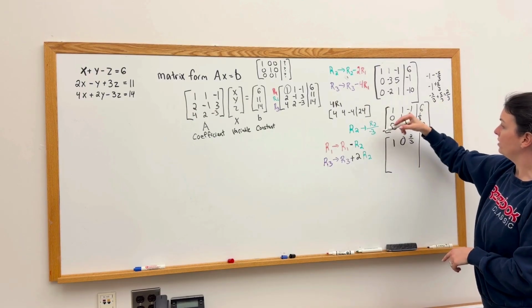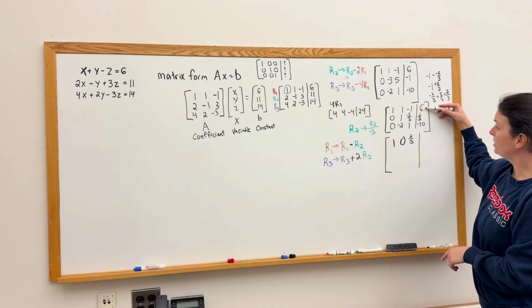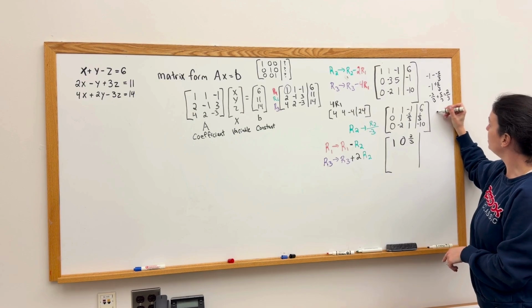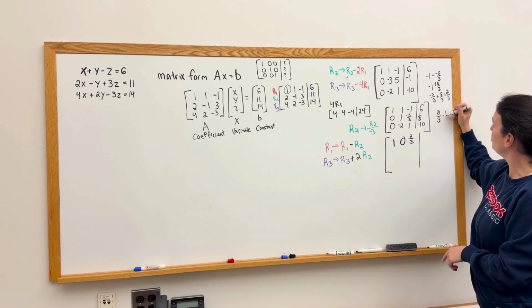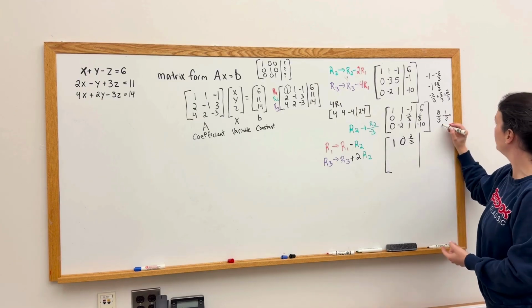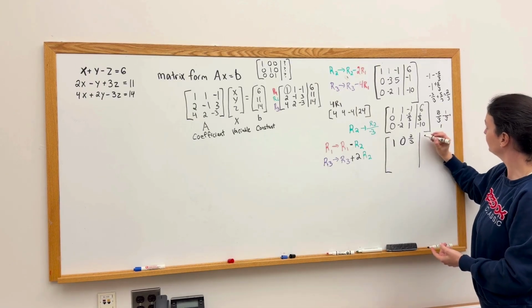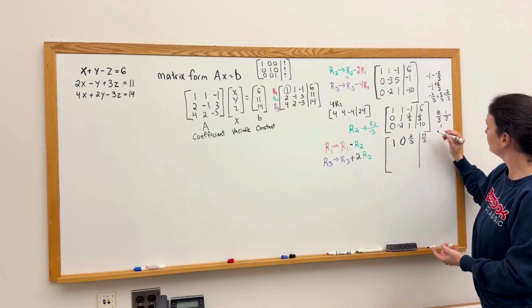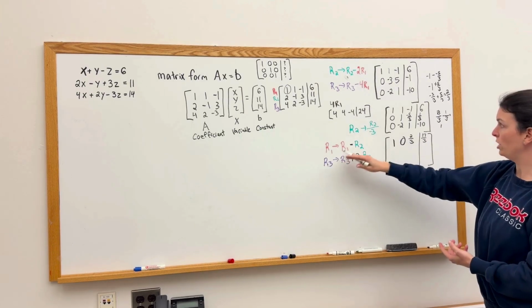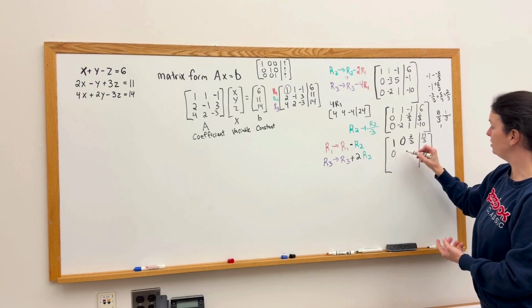And then 6 minus 1/3, using fraction form, is 18 over 3 minus 1/3, which is 17 over 3. Cool. Row 2 we are not changing, so let's plug that back in.